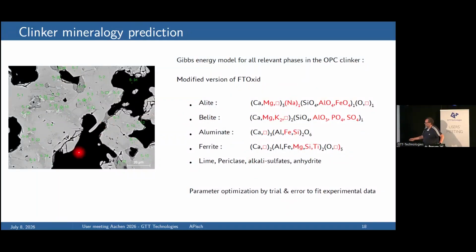We had a lot of data from point countings. At that time, it was only internal data from Lafarge, where I worked 10 years. Now we publish quite a lot of these data, so anybody who wants to do this kind of job can do it. The data is there now and public.